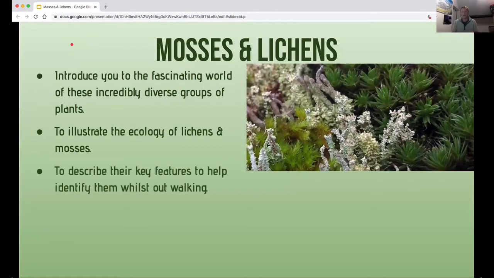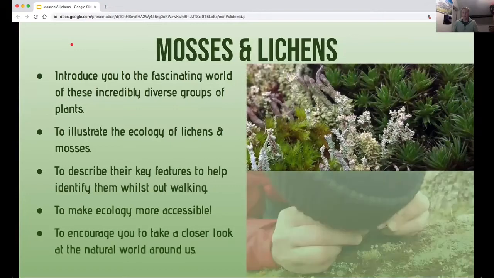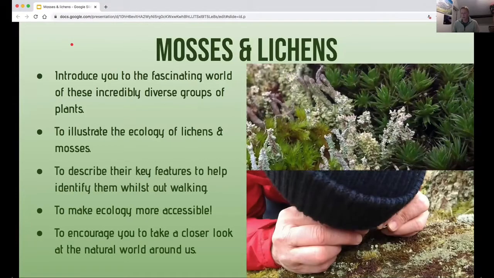We'll describe their key features and help identify them when we're out in the field. That's really the main point: how do we learn to recognize certain organisms when we're out walking, or differentiate between them. And hopefully to make ecology and looking at the natural world more accessible, and encourage you to take a closer look at the natural world around us.